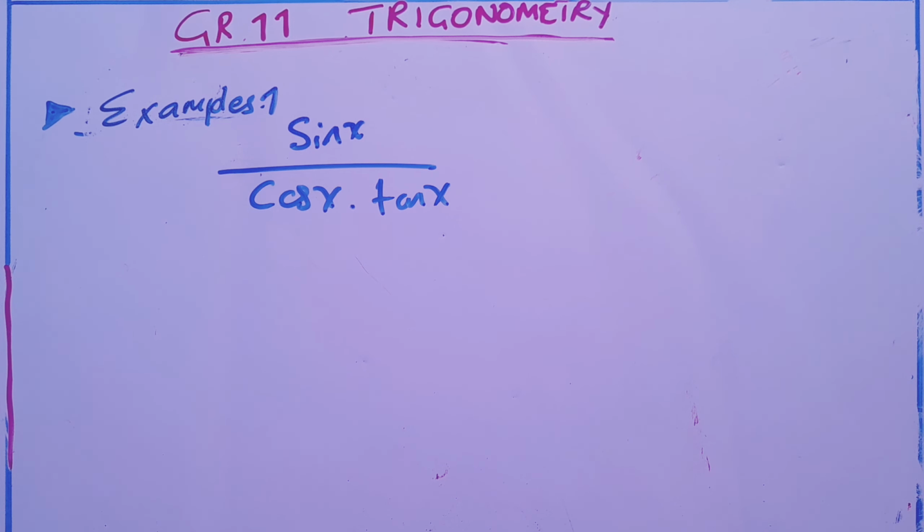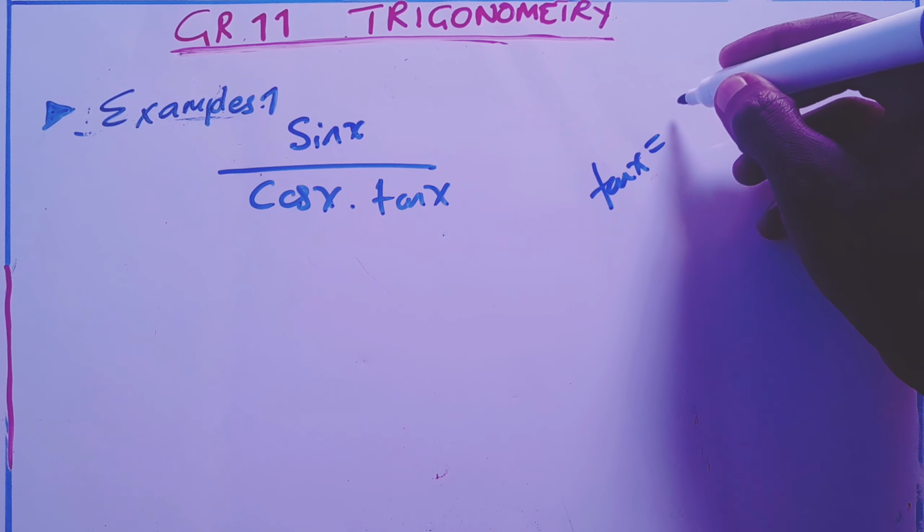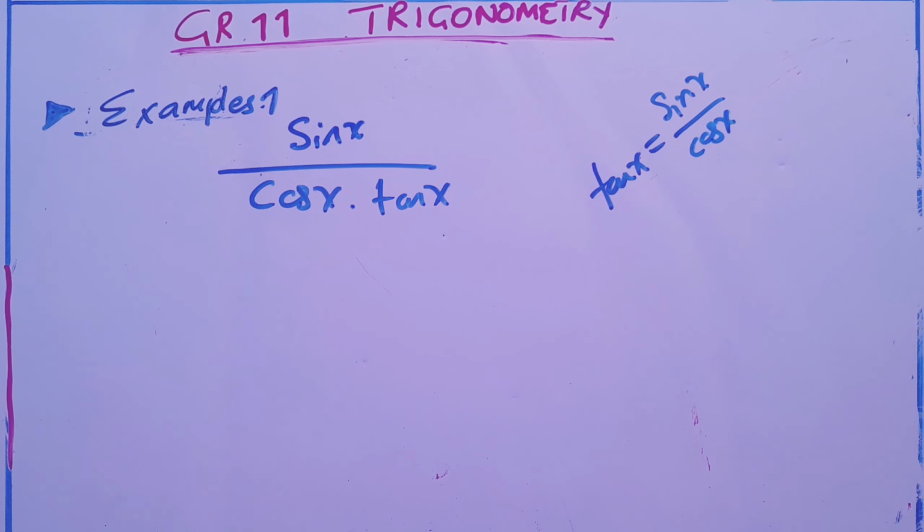Okay, so let's take a look at this example that is saying sine x over cos x multiplied by the tan of x, right? So I said every time you're having tan of x, always change tan of x into sine of x over cos of x, right?